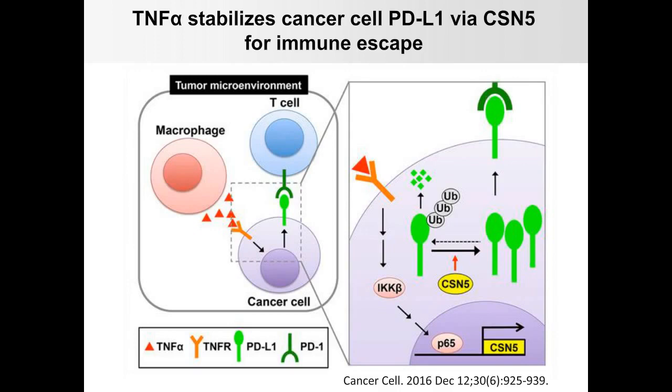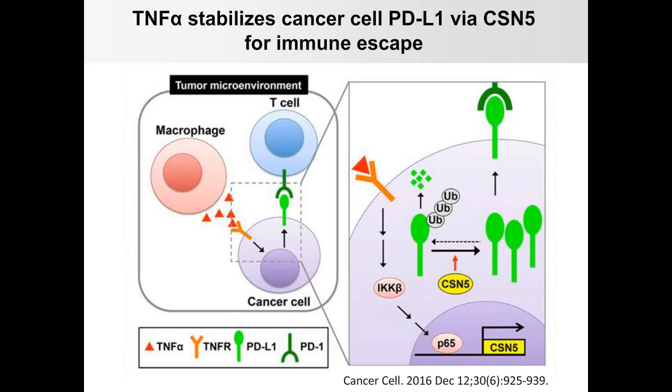We found that inside the tumor microenvironment, macrophages have the ability to secrete TNF-alpha, and this TNF-alpha will recognize the cancer cell TNF-alpha receptor. In this enlarged cartoon on the right side, the underlying mechanism is that TNF-alpha will activate NF-kappa B and cause p65 nuclear translocation, and thereby turn on CSN5 expression.